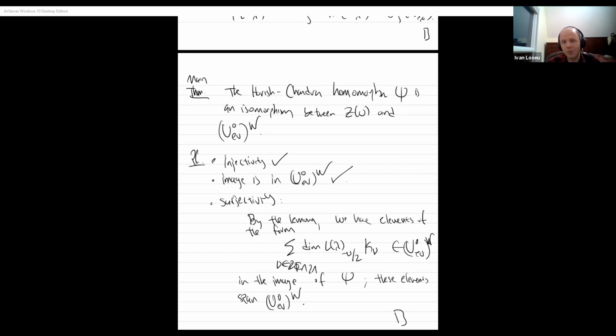Both are labeled by some dominant weight, and this matrix is strictly unit triangular with respect to the usual order on dominant weights. So that's the statement being proved. The dominant term will come just from extremal weight spaces of L lambda, and everything else is smaller.